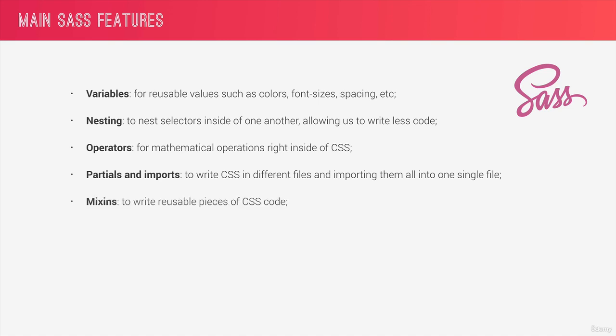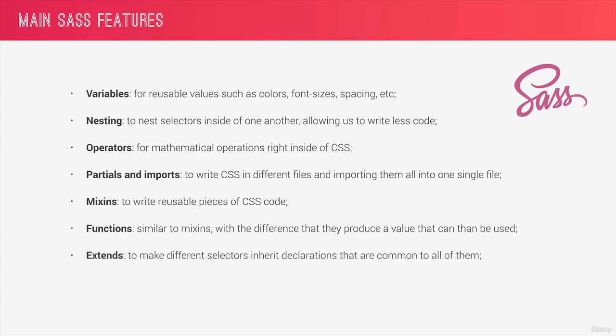Next, there are mixins, to write reusable pieces of CSS code, and also functions, which are quite similar to mixins, with the difference that they produce a value that can be used later. Next up, we have extends, which can be used to make different selectors inherit declarations that are common to all of them.